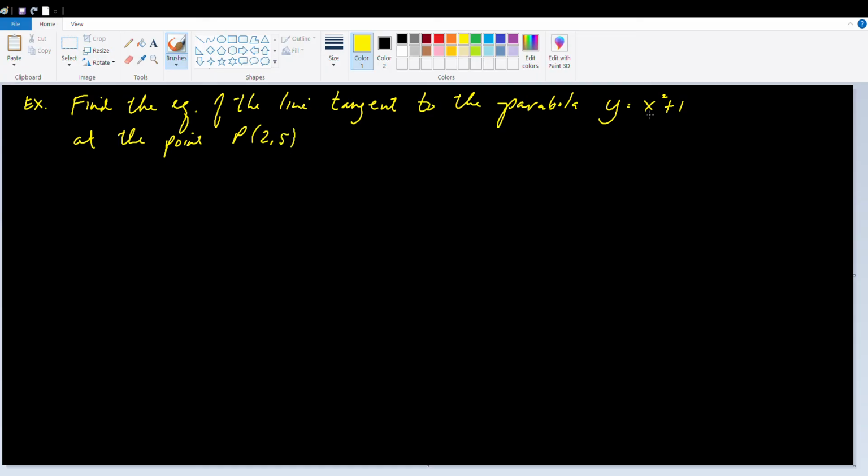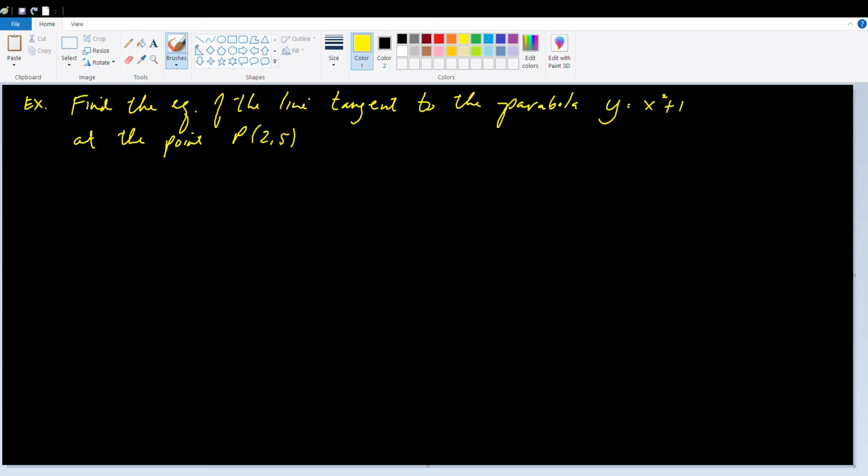When x is 2, 2 squared plus 1 is 5. So the point 2, 5 is in the graph of the parabola. And we want to find its equation. But before finding the equation, we need to determine first its slope.